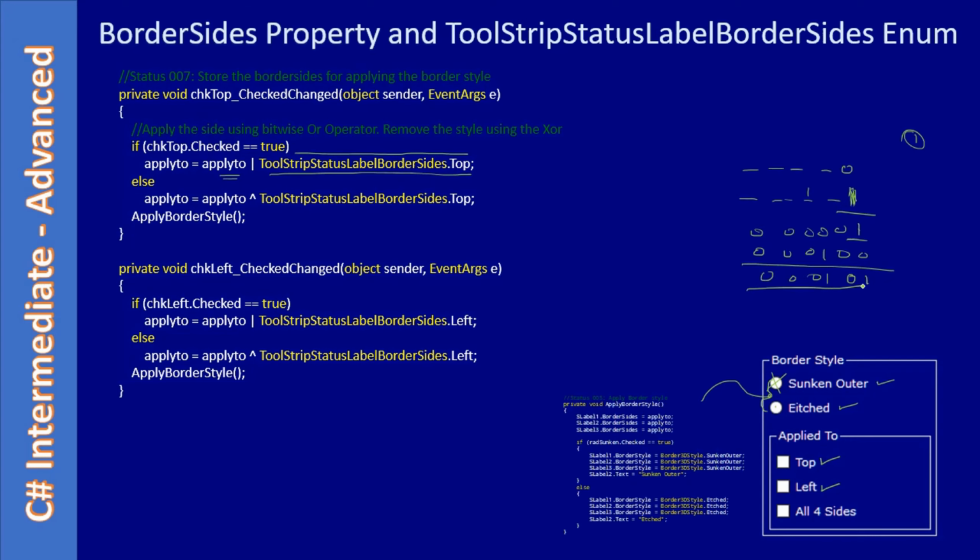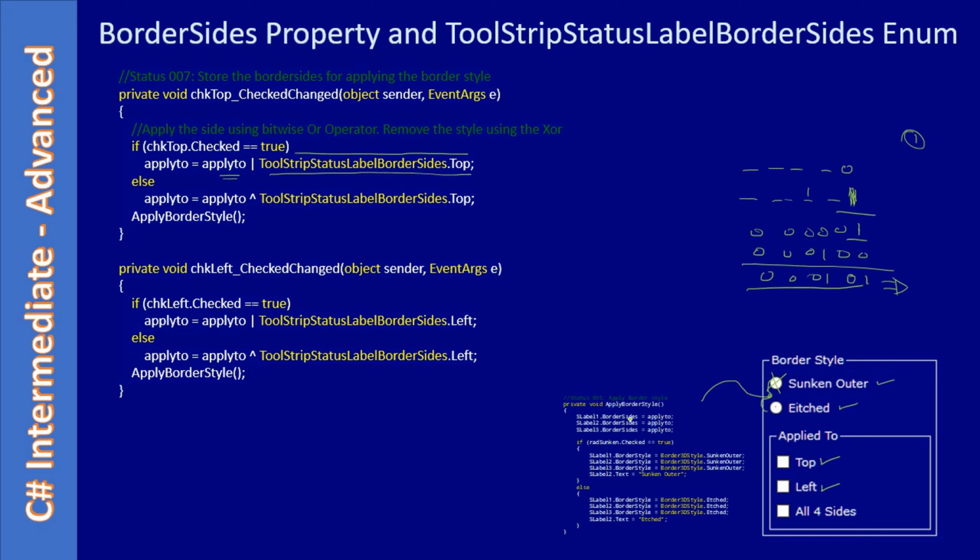So when we give this apply to the apply border style, apply border style will make use of the border sides property, and this same apply to is given. So now apply to has this value, right? So it is given to the border sides property.